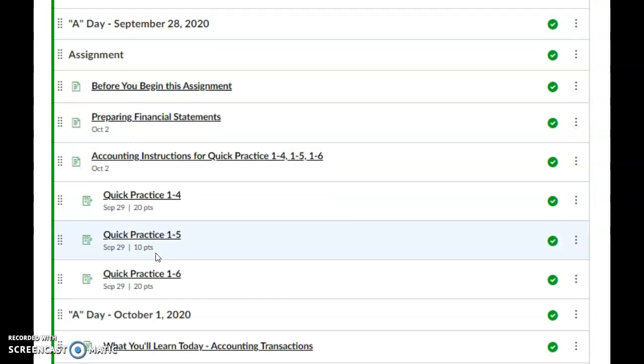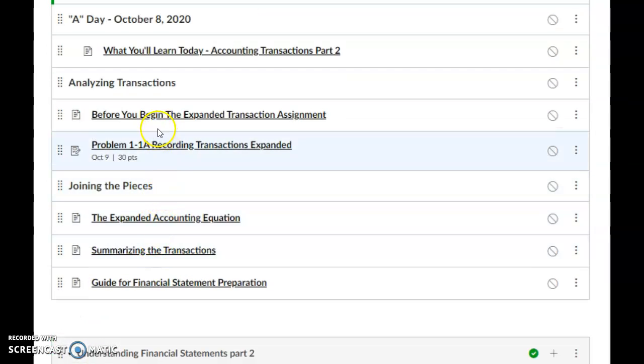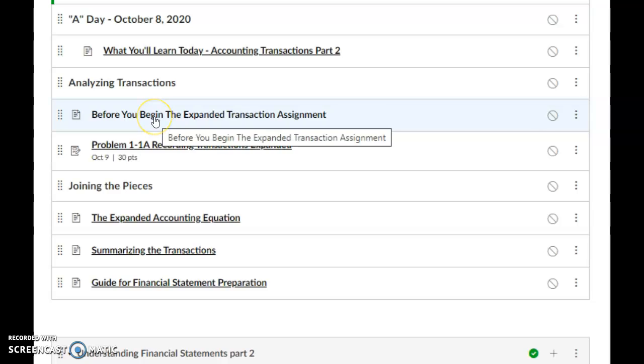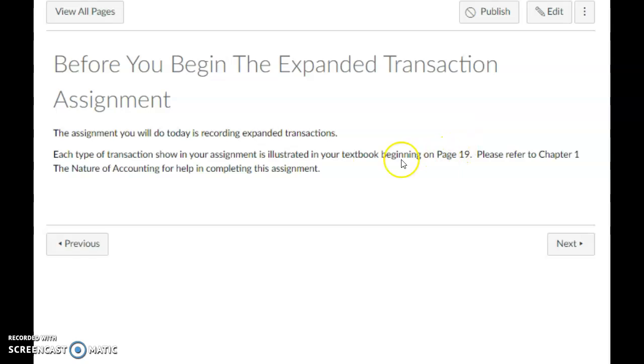I'm going to go back to today's module, and before you begin the expanded transaction assignment, I've given you a little page here, and this is just to remind you that you are going to be recording expanded transactions today on a spreadsheet, and each type of transaction shown in your assignment is illustrated in your textbook beginning on page 19.